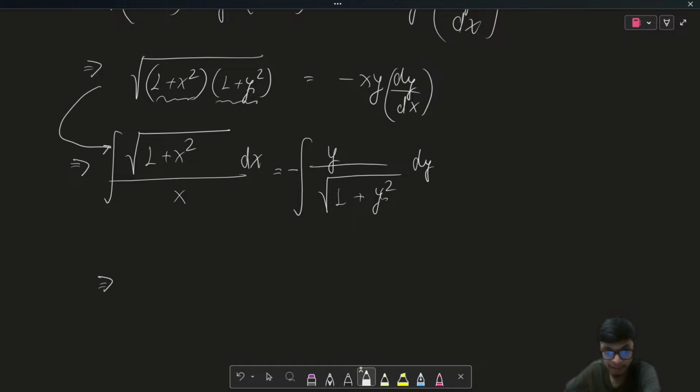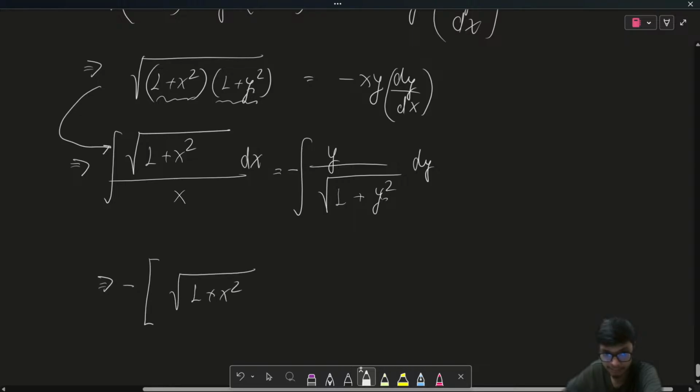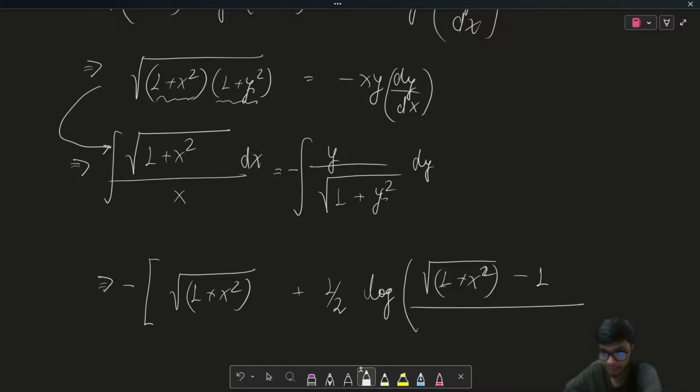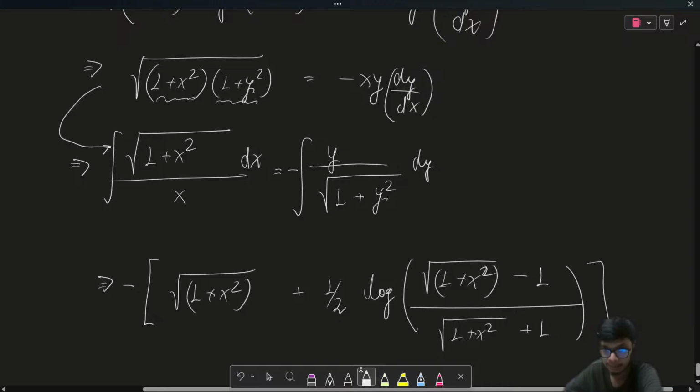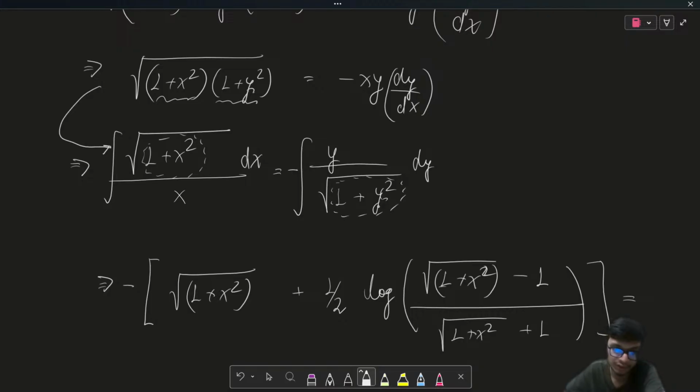So if I do this integration by parts, this is the first term, plus 1 by 2 natural log of square root of 1 plus x square minus 1, whole divided by square root of 1 plus x square plus 1. Here it is very simple: we can assume 1 plus x square as some variable t. Similarly, we can assume 1 plus y square as some variable t, and we can perform this integration.